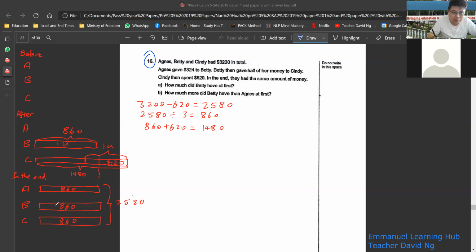Okay, then this is 1480 minus 1 unit. So 1 unit is 860.